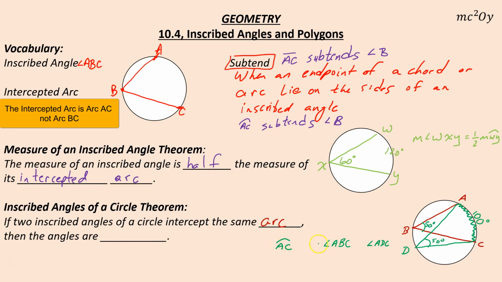So what we know is that 1/2 the measure of arc AC is equal to the measure of angle ABC, which is equal to the measure of angle ADC. So if two inscribed angles of a circle intercept the same arc, then those angles must be congruent. They have to be the same.